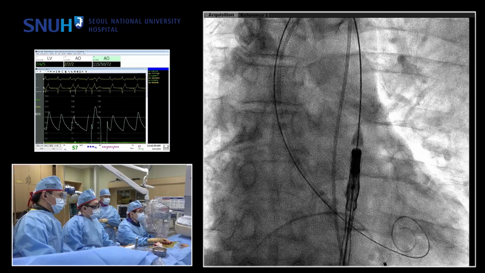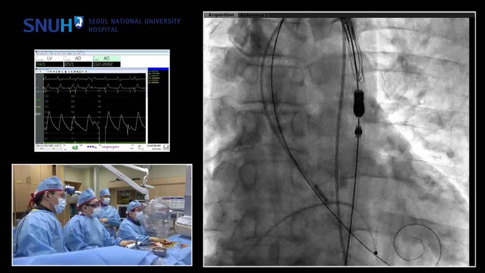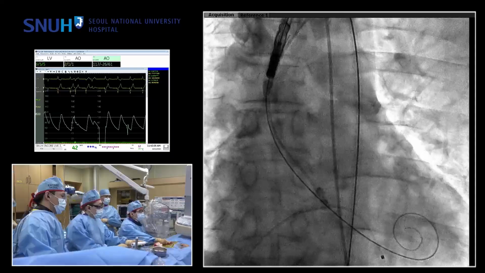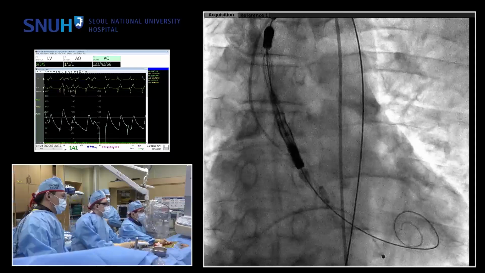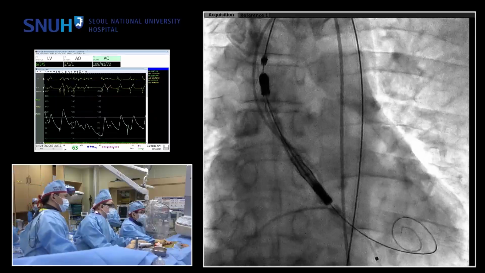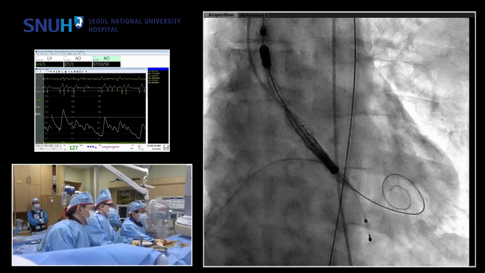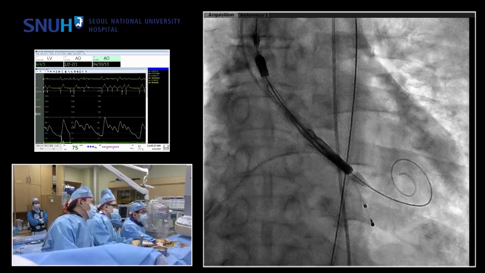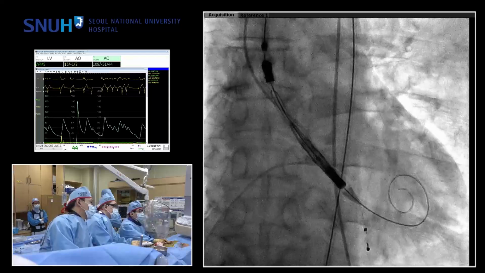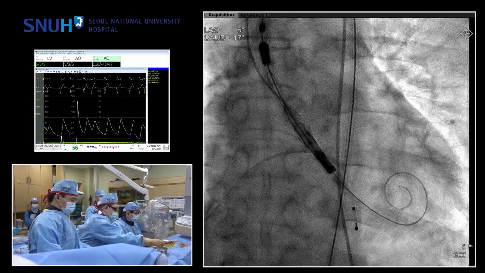Okay, I advance the system all across the arch. Okay, now the three-cusp appears on both sides. It may change during advancing. Thus, I just put the whole system at the level of the annulus.